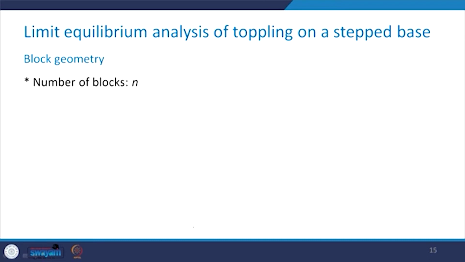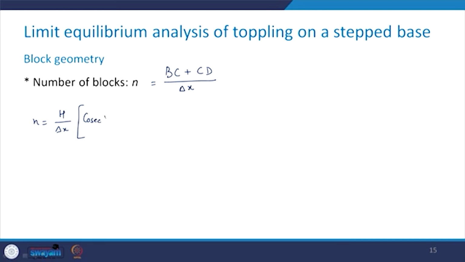So, let us see how we can get the number of blocks in this case. This is going to be equal to BC plus CD divided by delta x, and therefore this n is going to be h upon delta x. BC we saw is h cosec psi b.